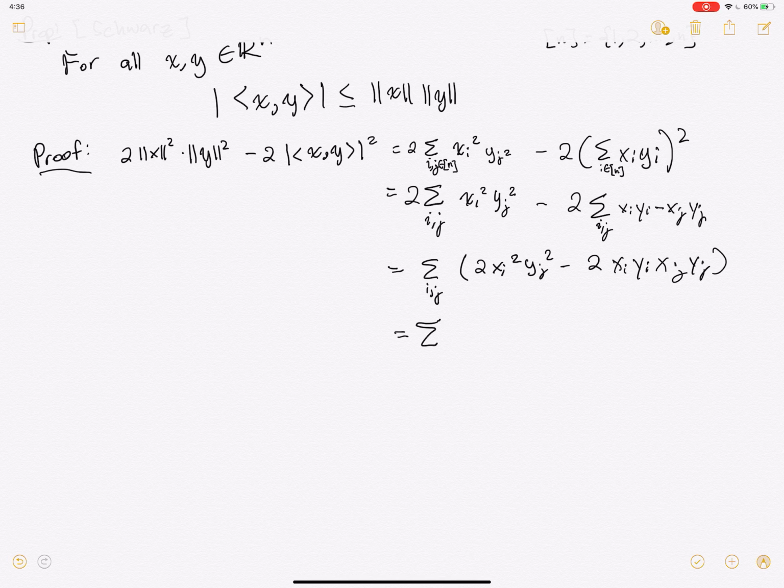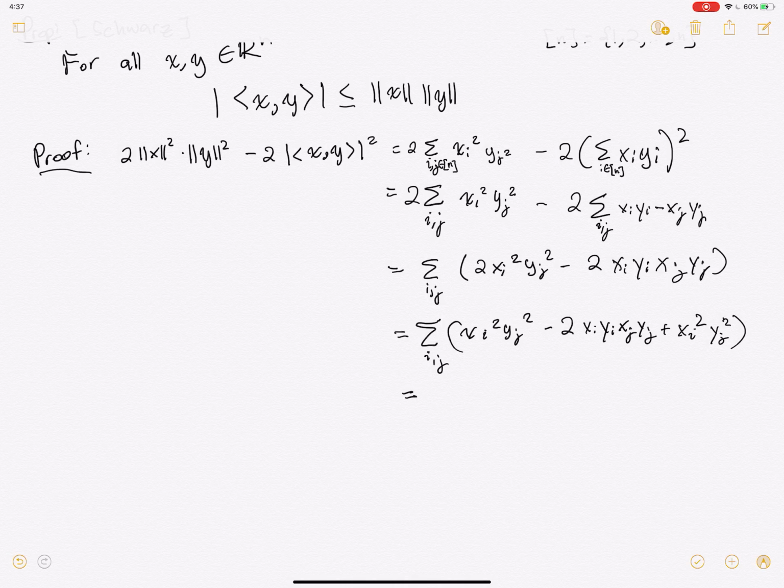And then if you expand things out, you get xi squared yj squared. If you split up that one and then put this in the middle and then put this other one, so there were 2, now there's 1 on each side, yj squared, right?